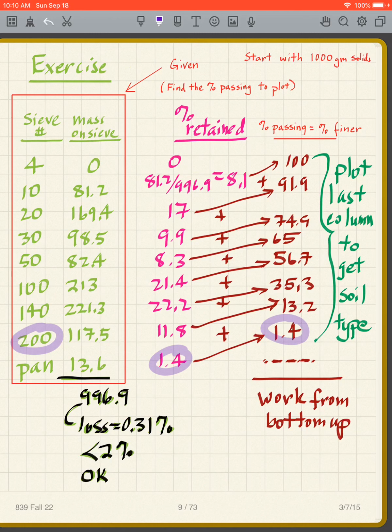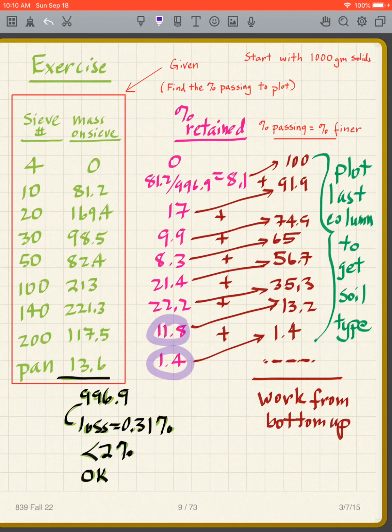That means 1.4% is finer than the number 200, which is what we're looking for in this column. And then I have 11.8 on the number 200 sieve, and I have 1.4 in the pan.